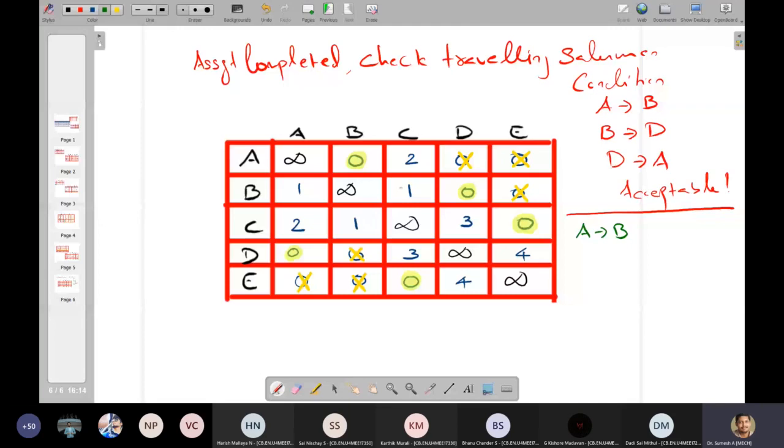So I will take A to D. Okay, A to D, then D to B, then this is not feasible option, then B to C, C to E, and E to A.